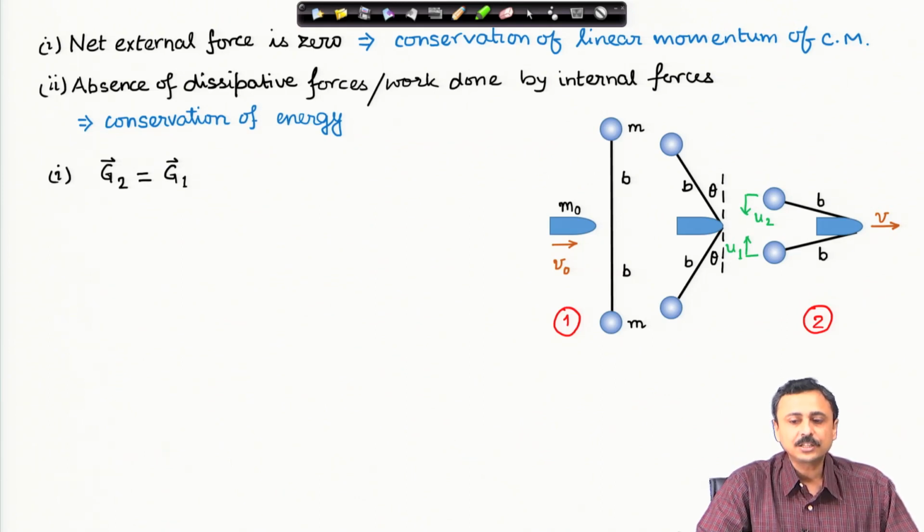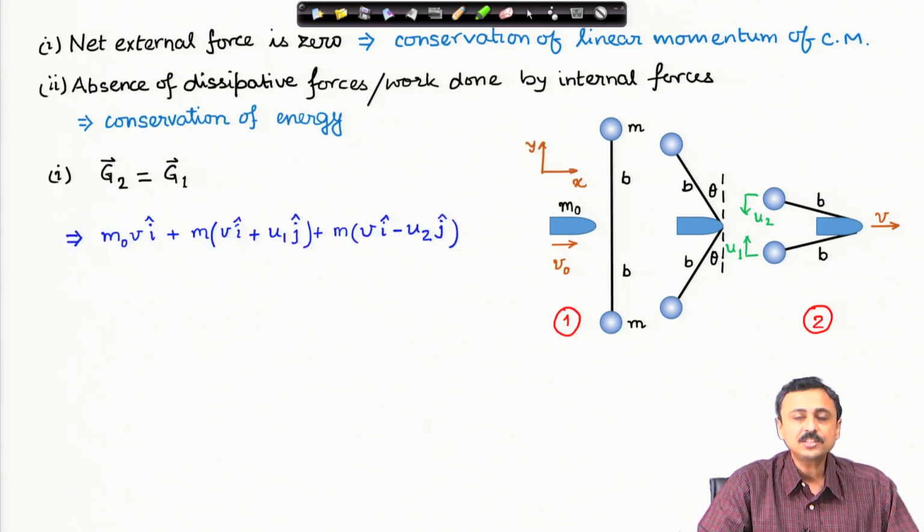Now, from the first condition of conservation of linear momentum, I must have that the net linear momentum in state 2 must be equal to the net linear momentum in state 1. In state 2, what is the net linear momentum? It is m naught, which is now traveling with velocity v i cap.